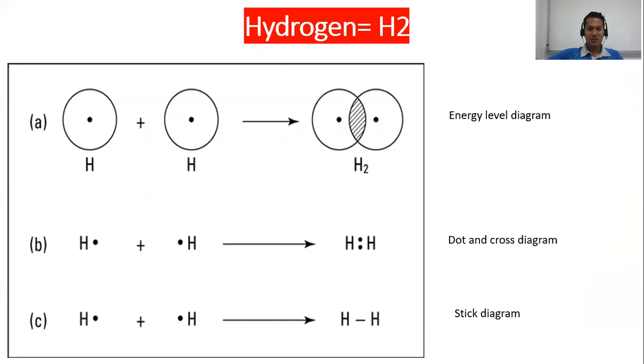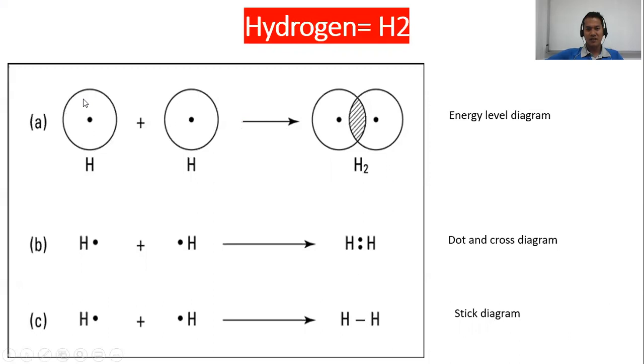If we're going to draw it in an energy level diagram, it's going to look like this. This is the energy level diagram. Since this is in period 1, group 1, it has the first energy level and 1 valence electron.